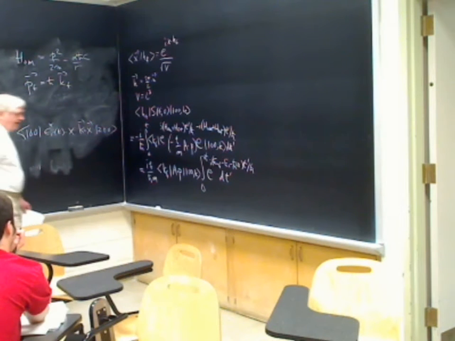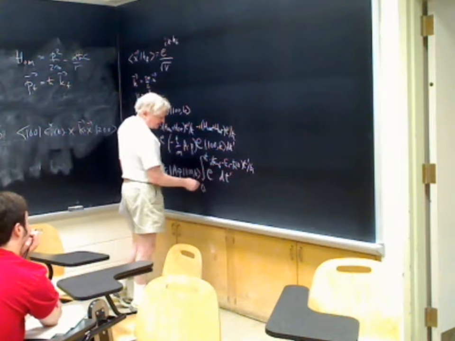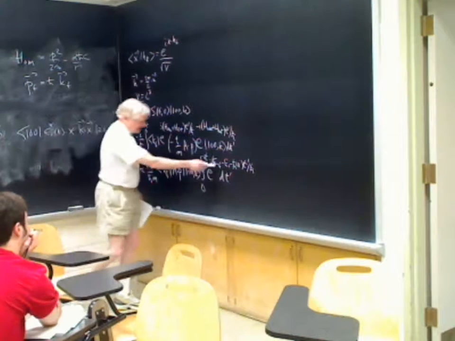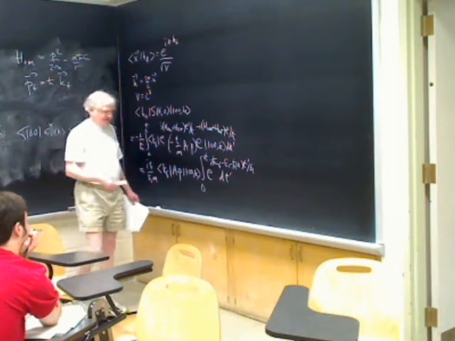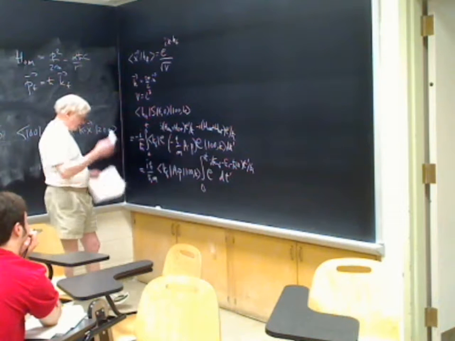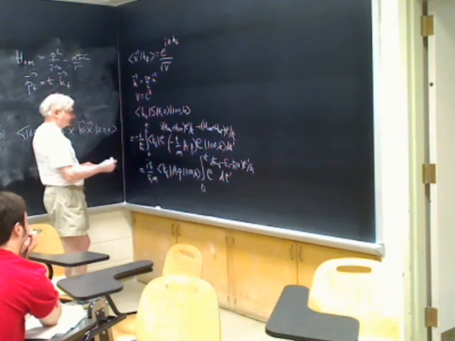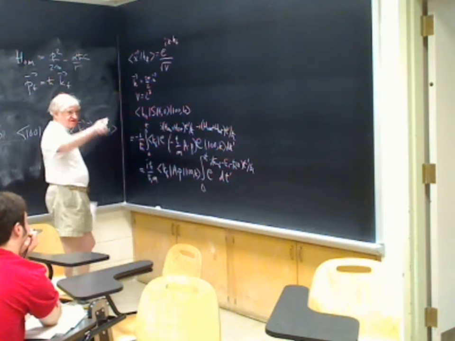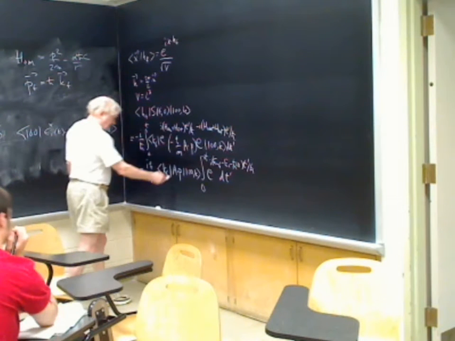Okay, so that's our computation. And for the remainder of the computation, we know how to handle this. This integrates to the phase factor minus 1 divided by the energy denominator. We use our magic delta function formula to turn that into a delta function and a couple of constants, and so we have to compute what this is. And we use our same old formula for the electric field.